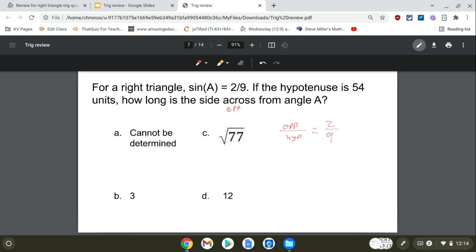That's equal to 2/9, but they're telling us that the hypotenuse is actually 54. So opposite over 54 is 2/9. This is just a scaled up version by 6. 9 times 6 gives you 54. So 2 times 6 gives you your opposite side. So 12.